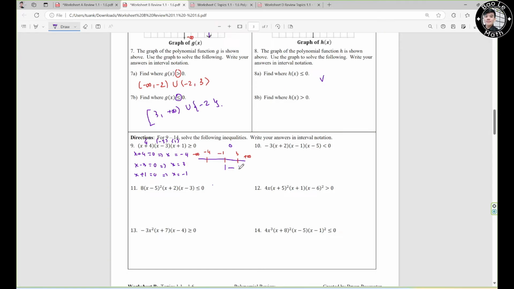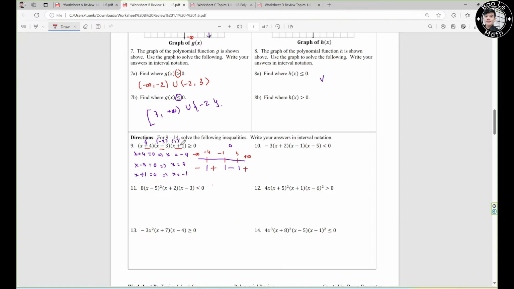So I put a line right here, put a line right here, right? Now, if you see the multiplicity of each linear factor right here as an odd number, and then you keep changing the sign, right? This is negative, this guy positive, this guy negative, this guy negative, this guy positive.